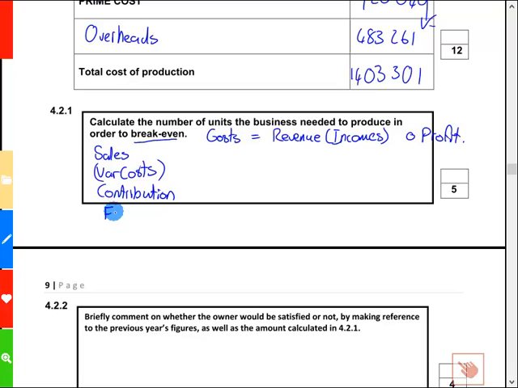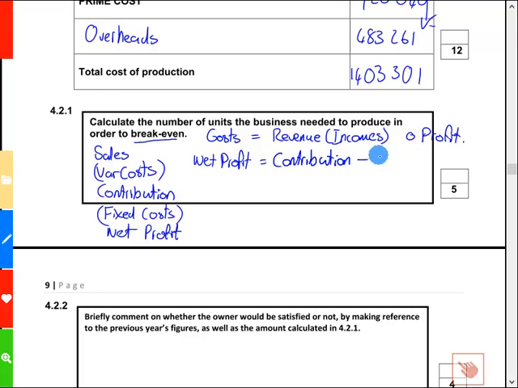Okay, and contribution less fixed costs is going to give you the net profit. So we can say our net profit is equal to contribution minus fixed costs.